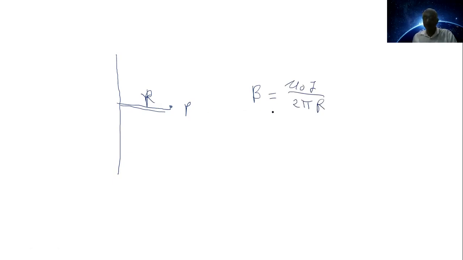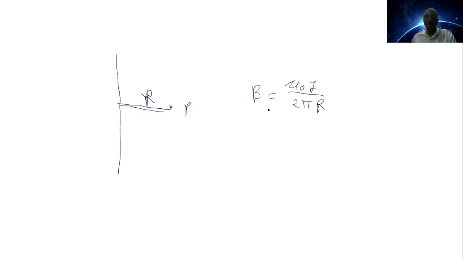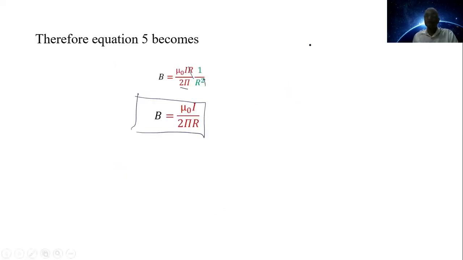This is the expression for magnetic induction due to a long straight conductor. Now we can see the magnetic induction due to the circular coil.